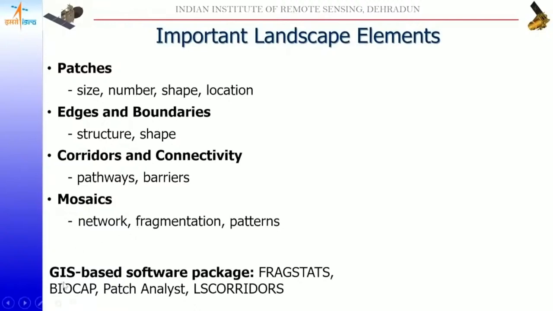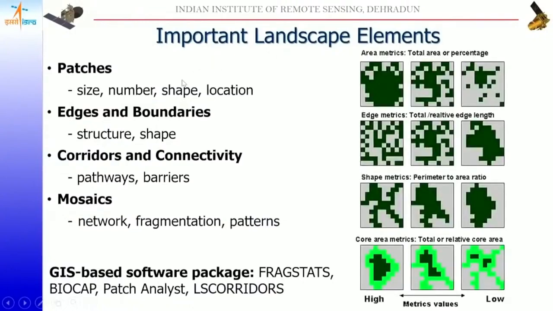So there are various GIS based software packages available to analyze the landscape, but the basic requirement for this analysis is the forest cover and density, and that map that we earlier discussed is the basic requirement for the landscape analysis.